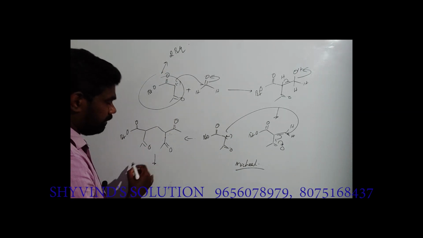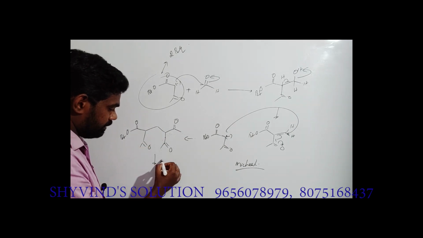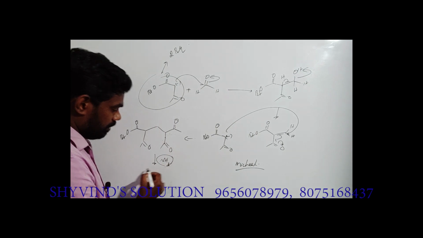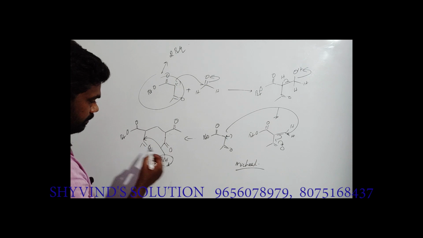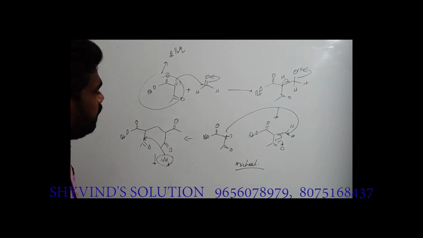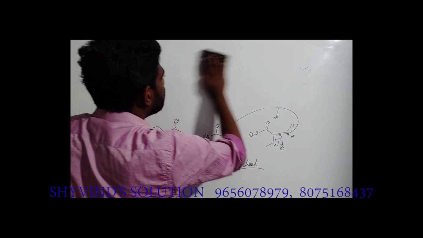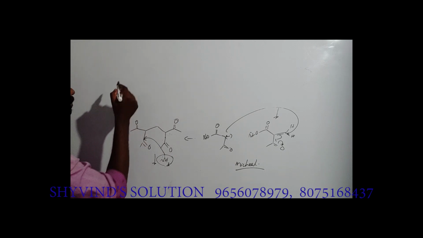Now, this is the first step of the Hantzsch reaction, and the second step is we are treating this one with ammonia. Okay, ammonia. So what happened is ammonia will attack here. I'm not going to write all the mechanisms, it will be lengthy. So if we know ammonia, when ammonia reacts with carbonyl groups, what happens?